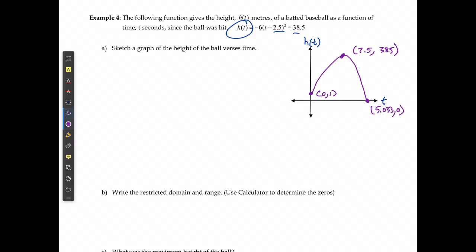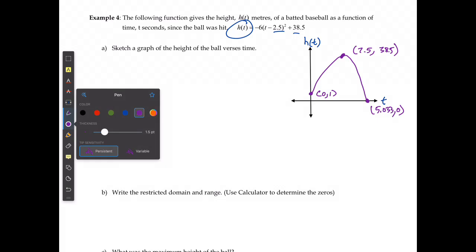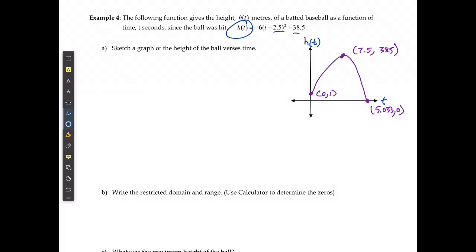And I can draw out my graph. I'm going to label it. This is my height in terms of meters. And this is my time in terms of seconds.